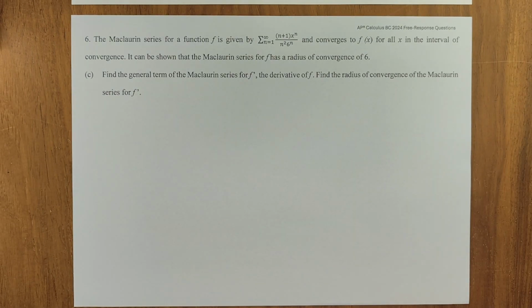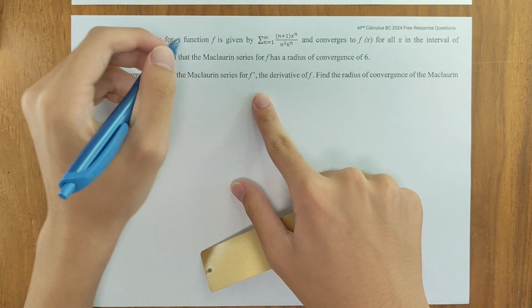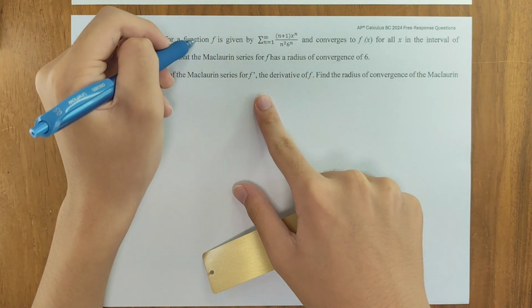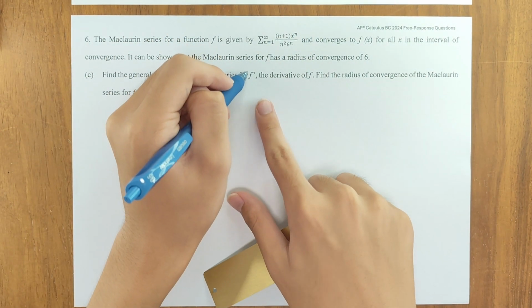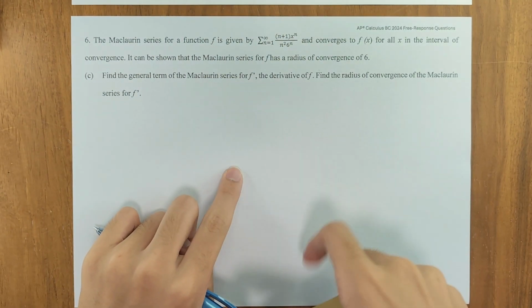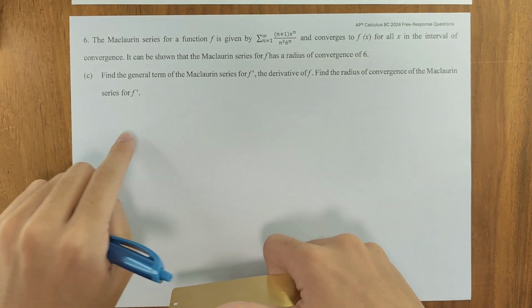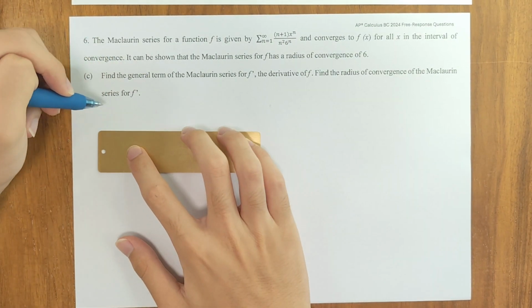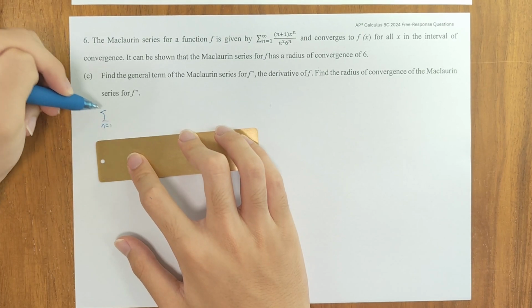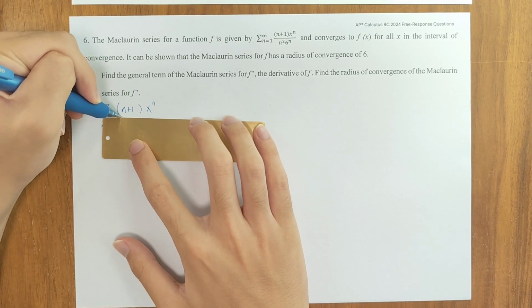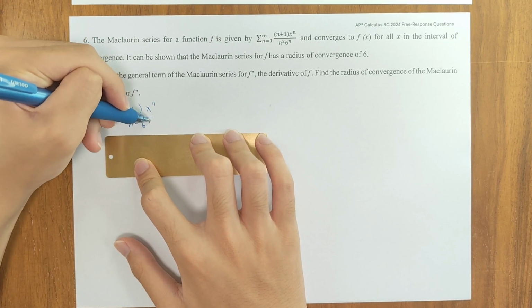Question C. Find the general term of the Maclaurin series for f prime. So this series is a Maclaurin series for the function f. Now we're being asked to find the series for f prime, the derivative of f, and find the radius of convergence of the Maclaurin series of f prime. So let's write it out. The sum of (n plus 1) x to the n power over n squared times 6 to the n.